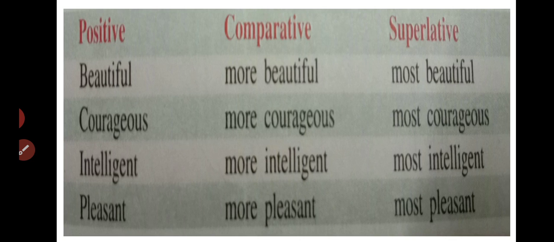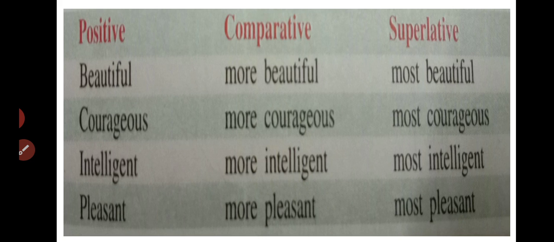Beautiful becomes more beautiful in the comparative form and most beautiful in the superlative form. Like that, courageous becomes more courageous in the comparative form and most courageous in the superlative form. Okay, this is one rule. We need to follow it.